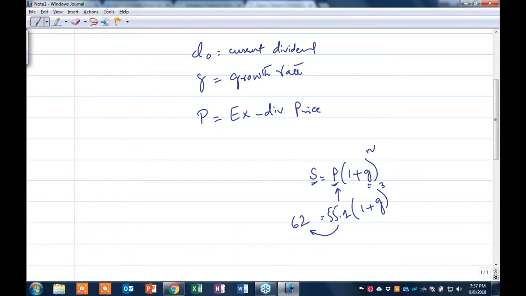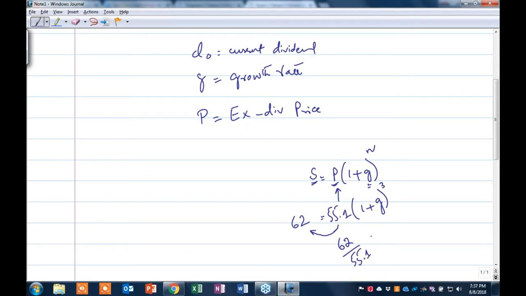Is that clear? So we will just divide 62 by 55.1.